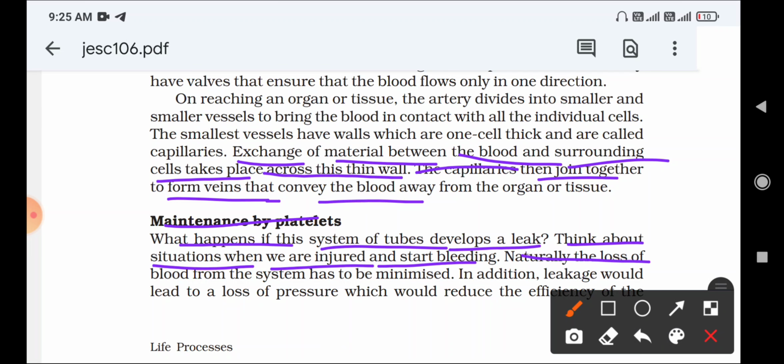Naturally, the loss of blood from the system has to be minimized, which means you have to stop the leakage of the blood. In addition, leakage leads to a loss of pressure. If more blood is leaving the body, the pressure of the body will decrease.